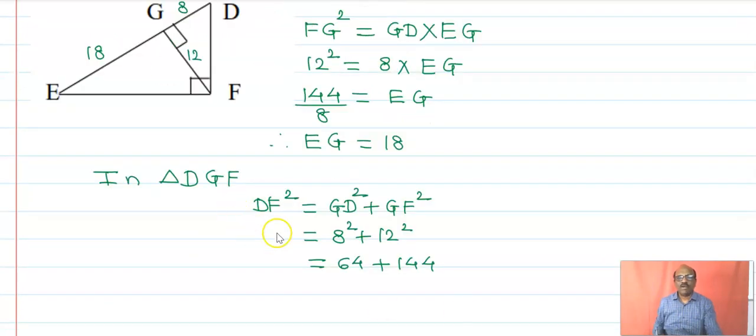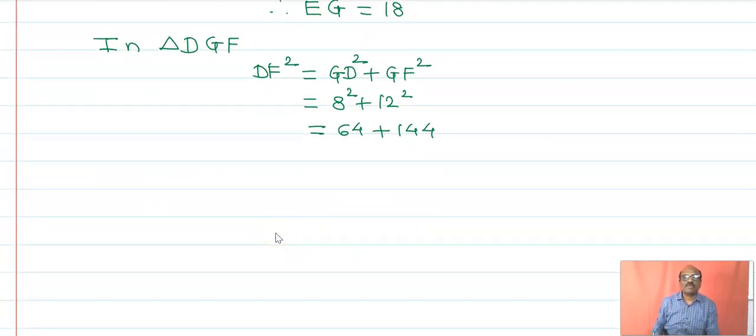And here 144 plus 64, and that's equal to 208, and याचे देखील आपल्याला फॅक्टर्स करता येतील. That is 16 into 13, आपण असं करू शकतो.